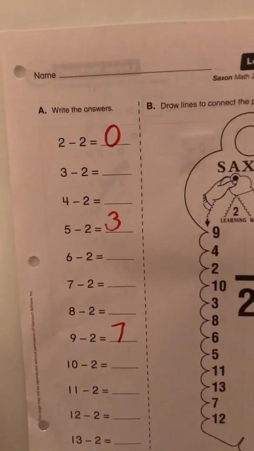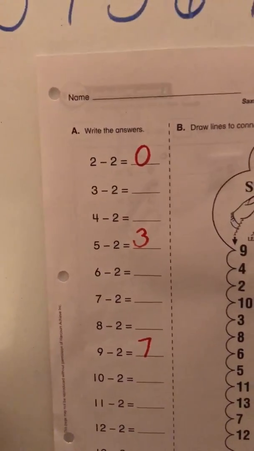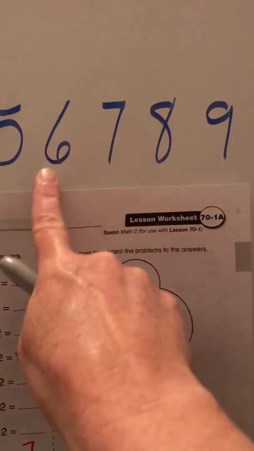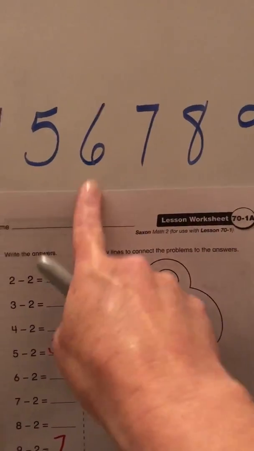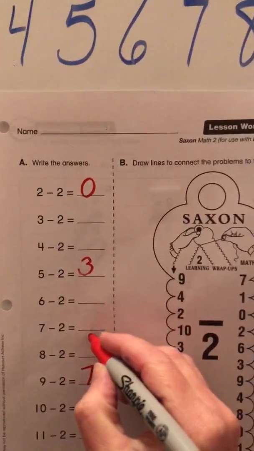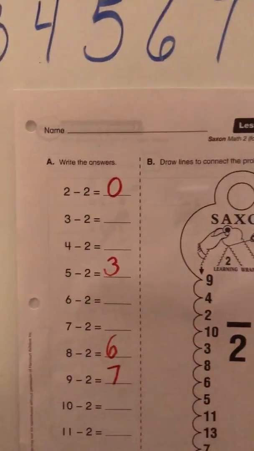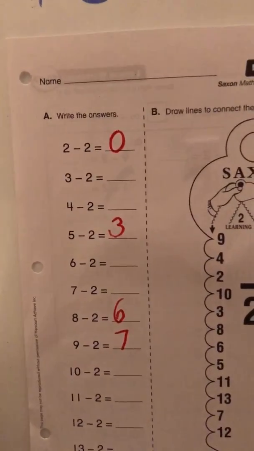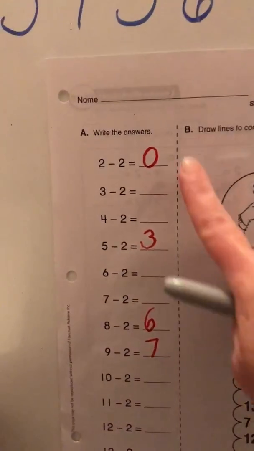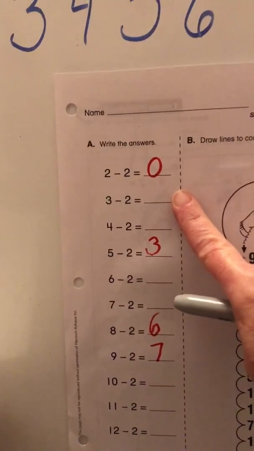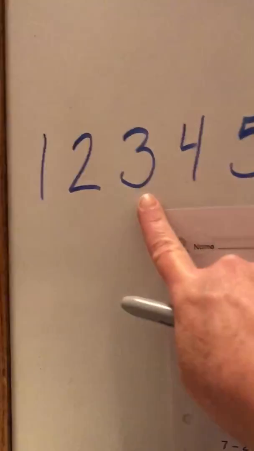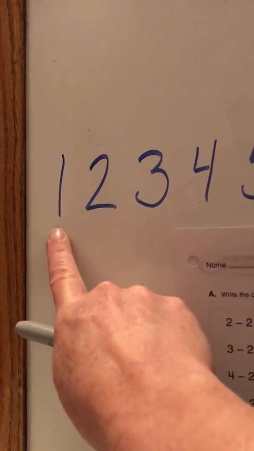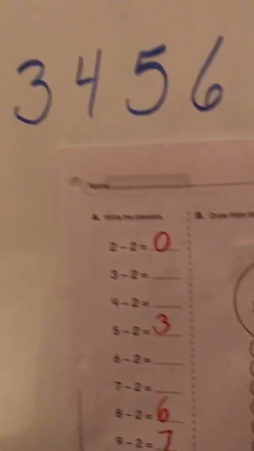Okay, let's do 8 minus 2. 8, 7, 6. 8 minus 2 equals 6. Let's go up to 3 minus 2. If 2 minus 2 is 0, then what do you think 3 minus 2 might be? Let's go up to our number line and go back. 3 minus 2 is 1.